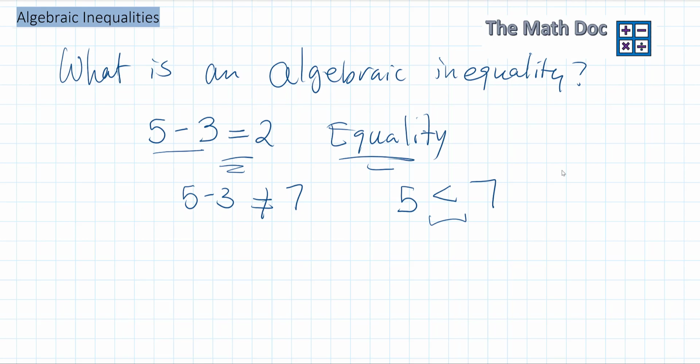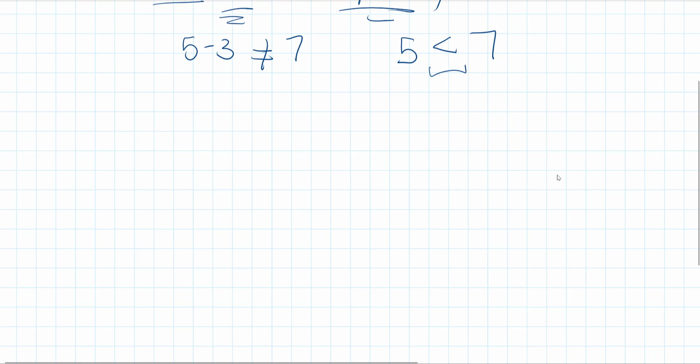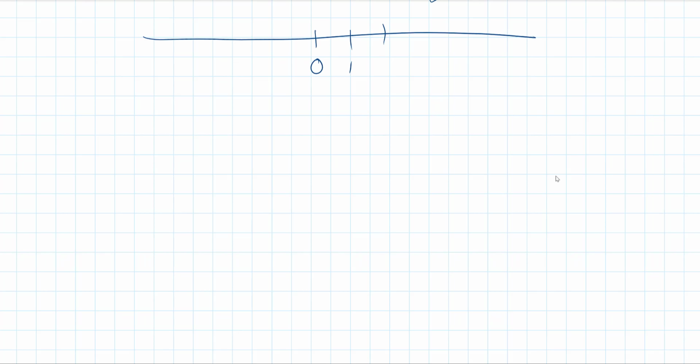So let's start really by looking at the number line. We'll start with simple cases and we'll build from there. So if this is the number line and we have 0, 1, 2, 3, 4, 5, 6, we know that 5 is larger than 3, right?